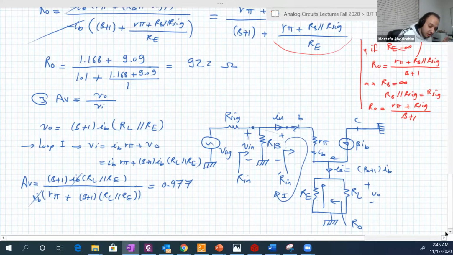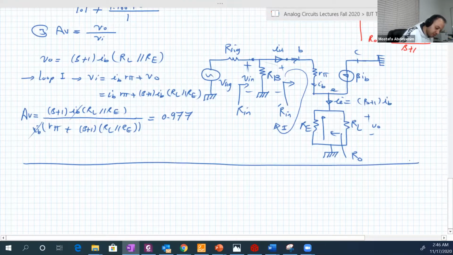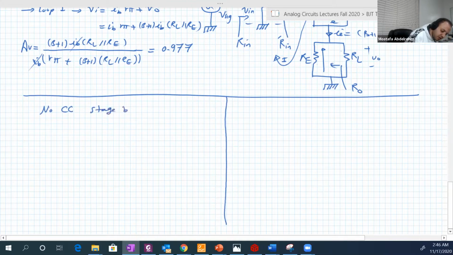So the original case should be something like this. Let's examine the two situations: with no common collector stage between the source and the load, and here with a common collector between them.